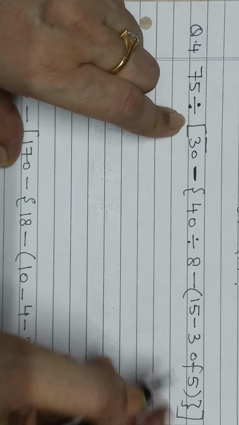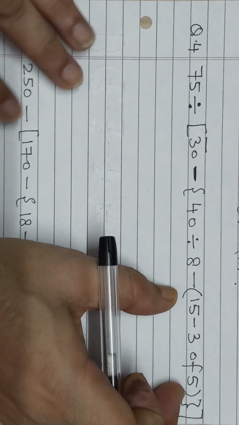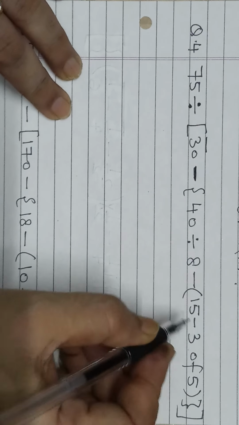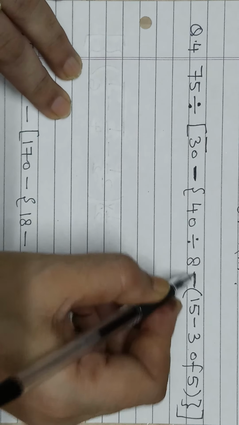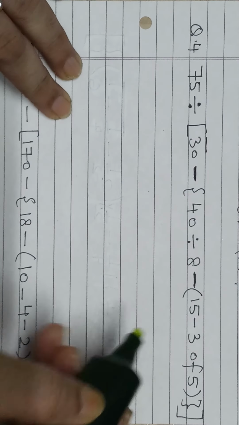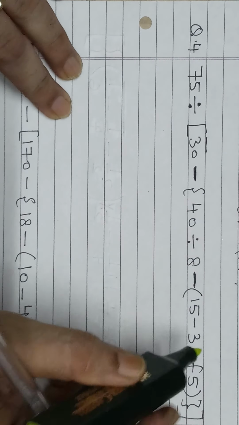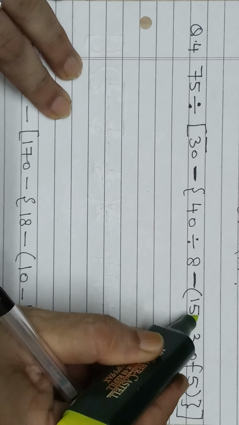But no need, we can just go for the smallest bracket, and we know the small bracket is also a question where it is also divided into two parts. This is one part separated by a minus sign, and this is the second part. This bracket needs to be solved.